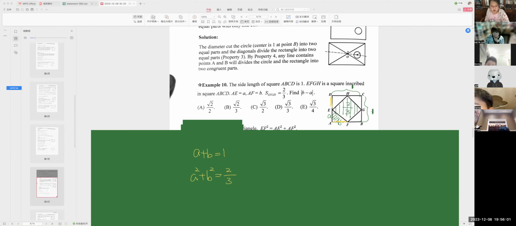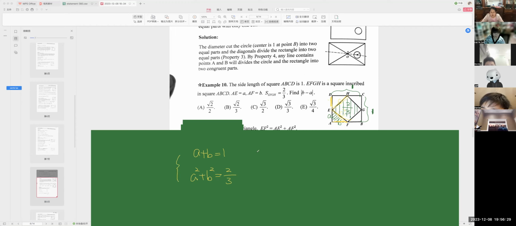People said, why is it 2/3? Is it the area of the inside? Yeah, so how to calculate the square's area is side times side. So if we say this is C, this is C squared, right? Okay, so everybody, do you understand?